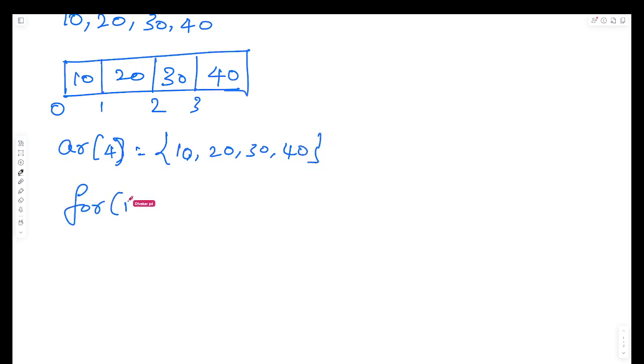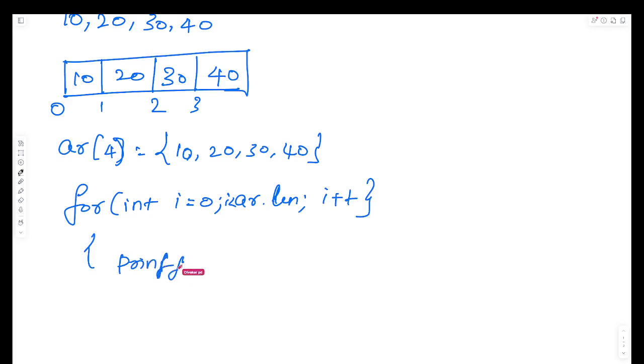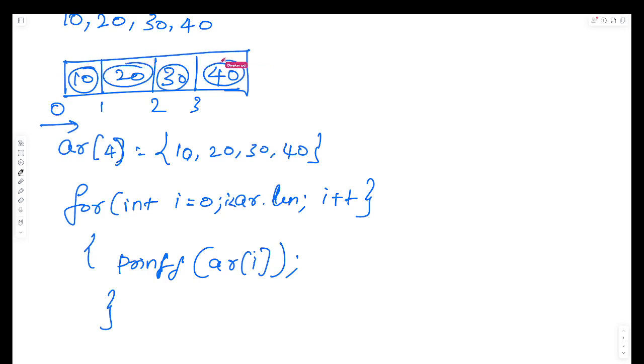For int i equal to 0, i less than 4, i plus plus, then printf a of i. This will start accessing a of i from index 0. First it will print the first element, then the second, then the third, then the fourth element. This is how traversal works.